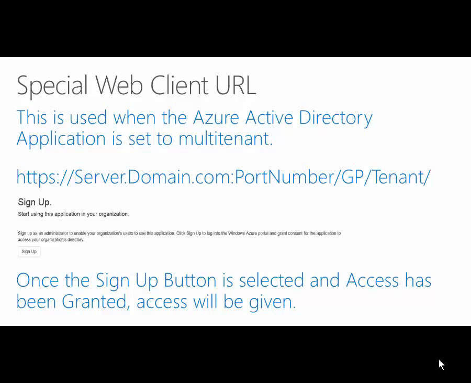And as soon as you click sign up, it's going to bring up another page that gives you specifics on what you're signing up for. And you'll have an option to click a grant access button. Once you click that button to be given access, there's a relationship between the two Azure Active Directories. And then at that point, you can log in with the second one.